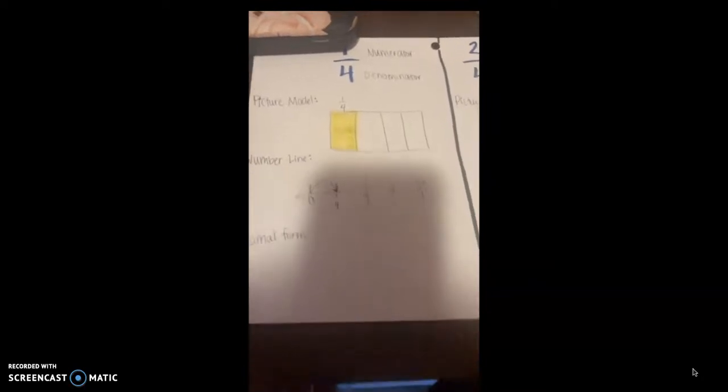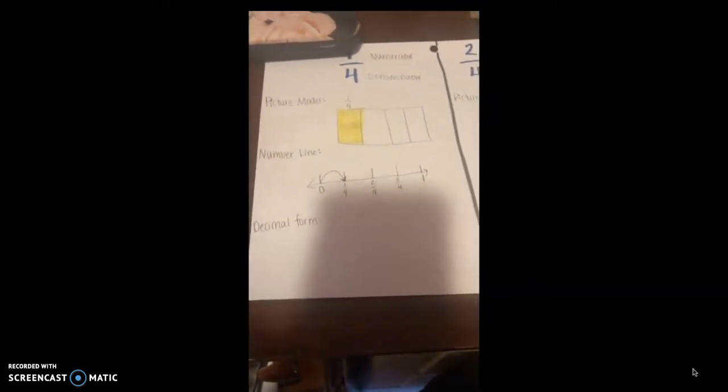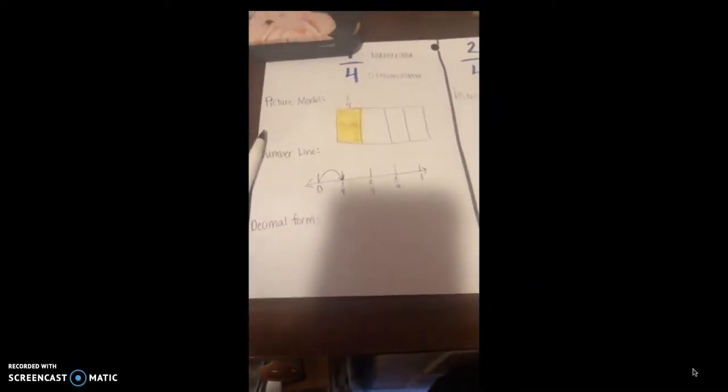Now, as a decimal form, the easiest way, guys, for you to remember the decimal forms of these fractions is by thinking about money, and specifically with quarters. So for example, if you ask your mom, your dad, or a sister, or brother, or a cousin for 1/4, how much would you have in total?